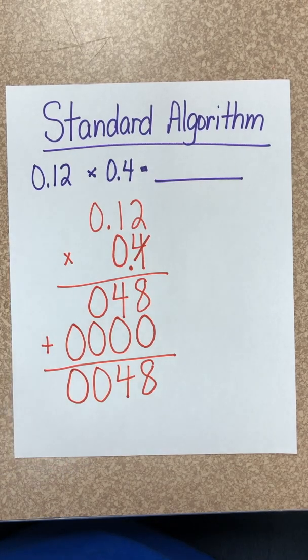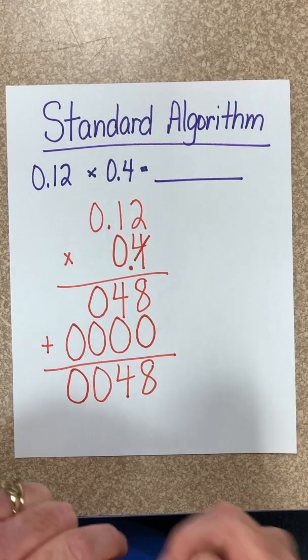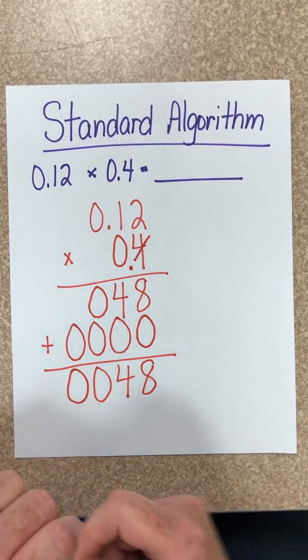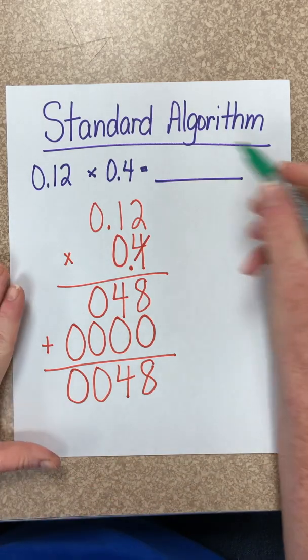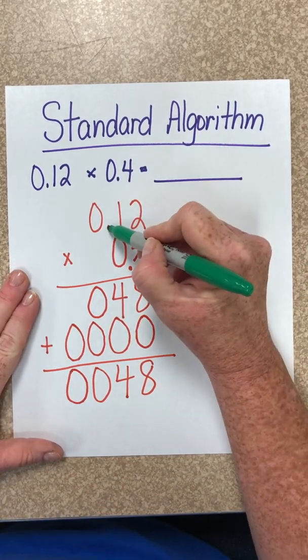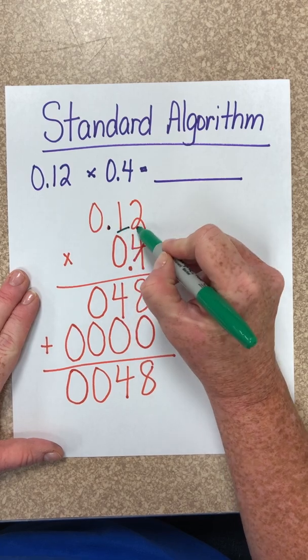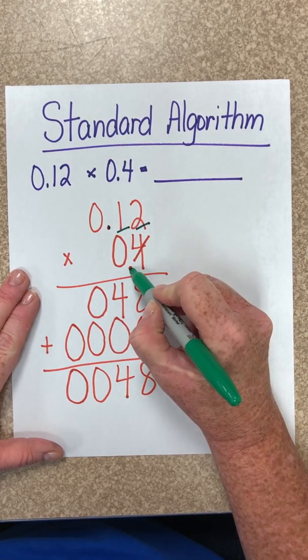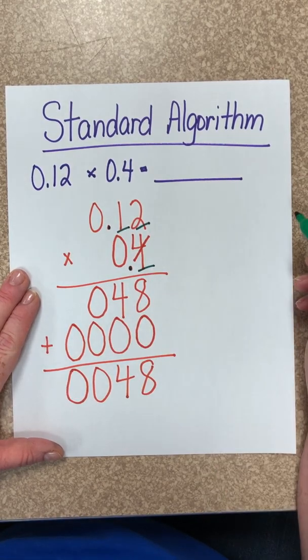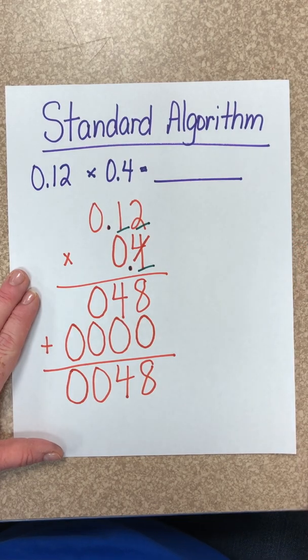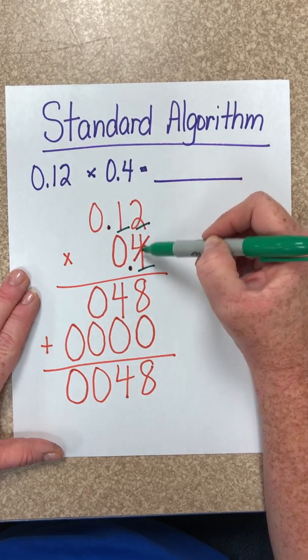Now we need to go back and find how many digits are past the decimal points. Those are called decimal places. So to find that, we go to the problem. I find the decimal point and I count 1, 2. I find the decimal point and here's 1. So now we add them together. 1, 2, 3.